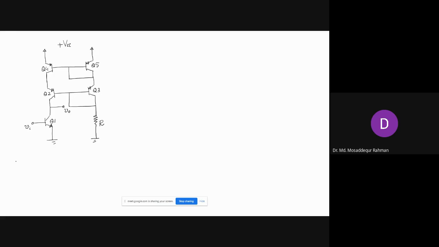So what is this circuit? What circuit have we used here as the load?